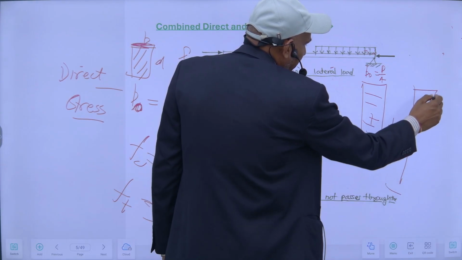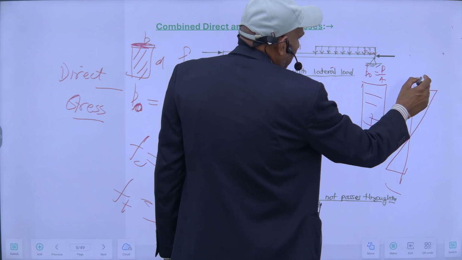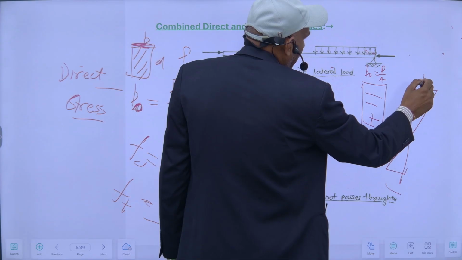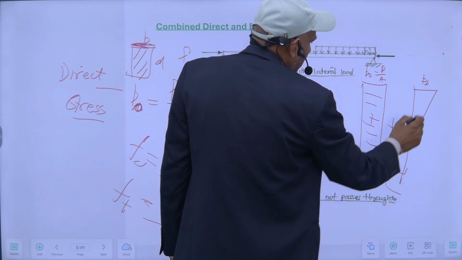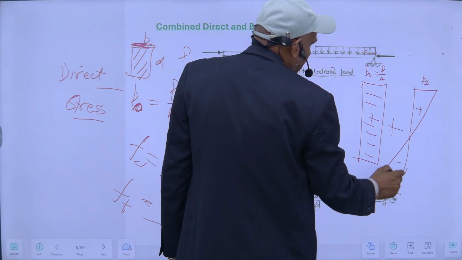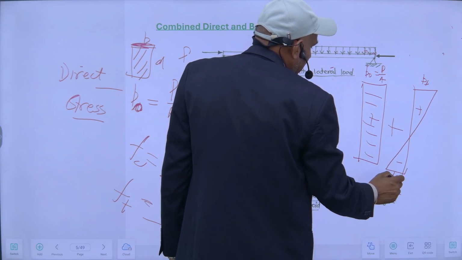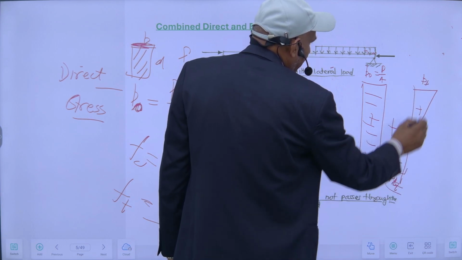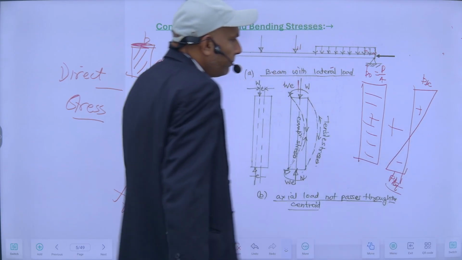There will be compressive stress on the top fiber, and this is my PB, it will be compressive. Here it will be tensile. So PB tensile and PB compressive.